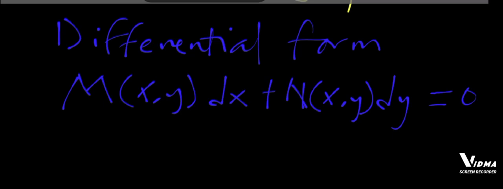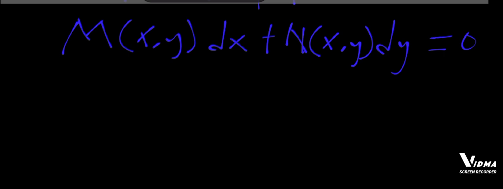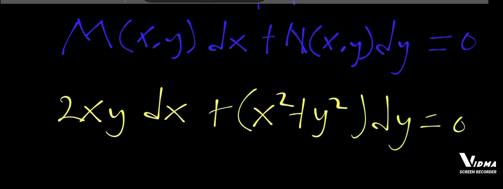Okay, so we can see here that we have some variables being allocated to our dx. So we have a term of dx and we have a term of dy, and they are all on one side and equal to 0. If you see anything like this, then it is in the differential form. So with our previous example, writing it in the differential form will be 2xy dx plus x squared plus y squared dy being equal to 0.